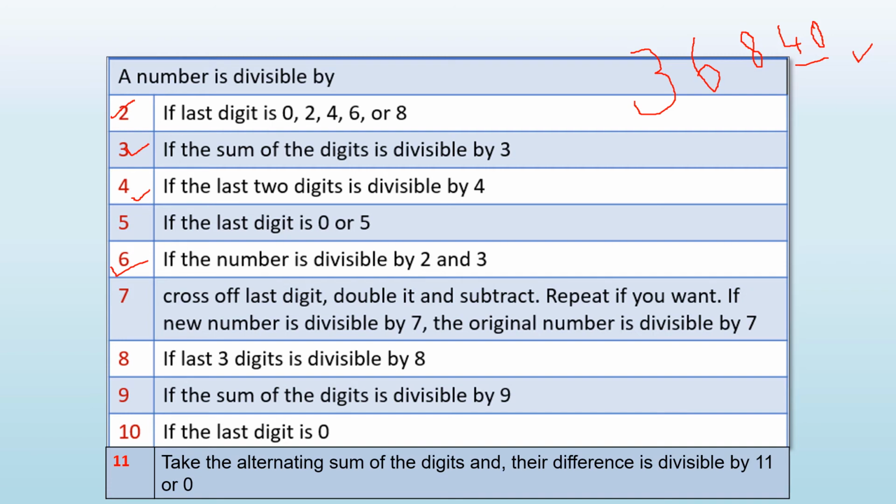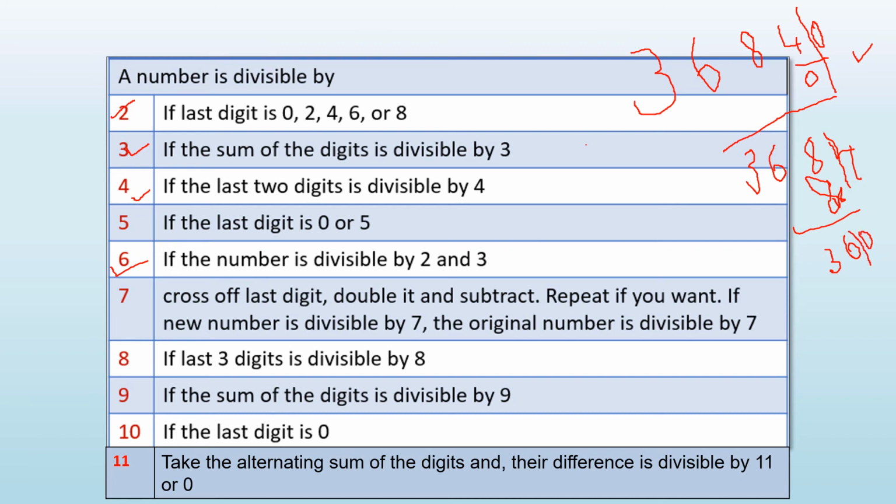Next we will move on to the divisibility rule of 7. You have to just cross off the last digit, then double it. Here it is 0 only, then subtract it from the remaining number. So 3684. Then again you have to cross off the digit 4, then double it. Then it is 368 minus 8, which is equal to 360.